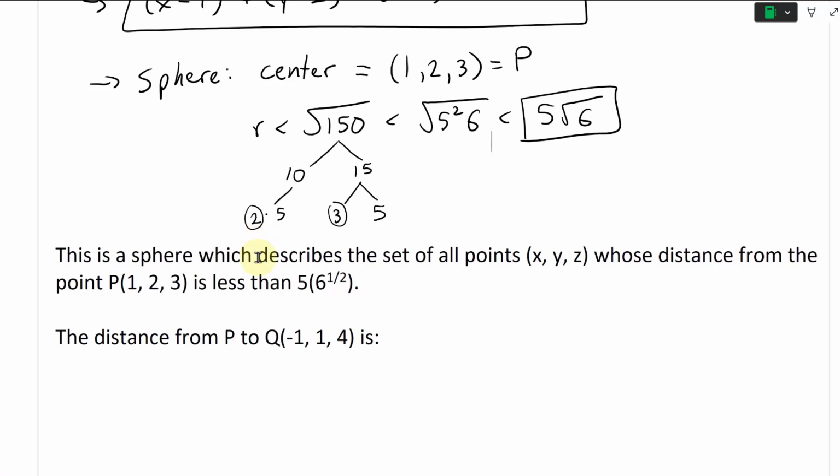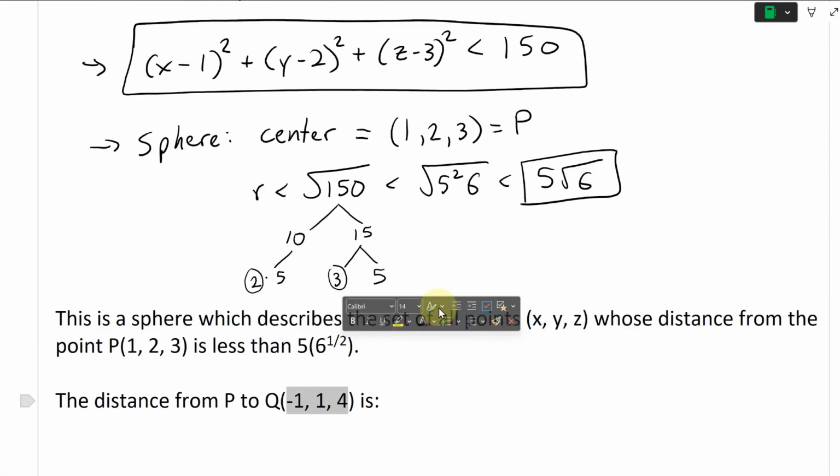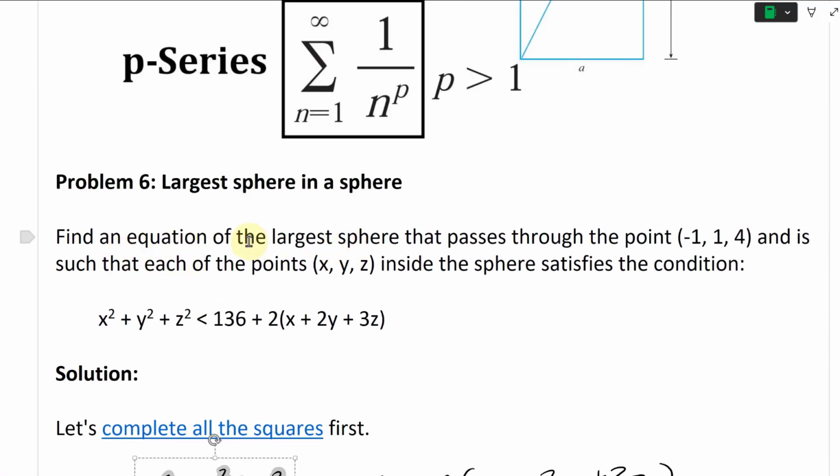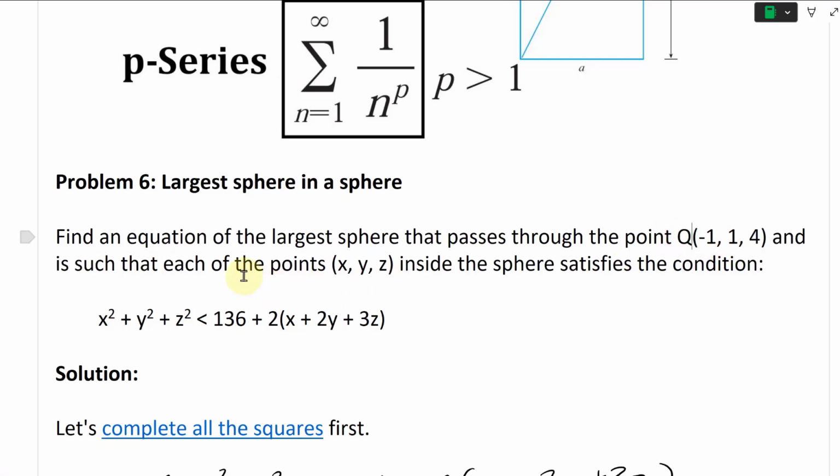Now the distance from P to Q, we'll put Q as the point we were asked about, (-1, 1, 4). I'll illustrate that soon, but let's go back to the question. The question is, find an equation of the largest sphere that passes through the point (-1, 1, 4), which we'll call Q, and is such that each of the points x, y, z inside the sphere satisfies a condition like this.